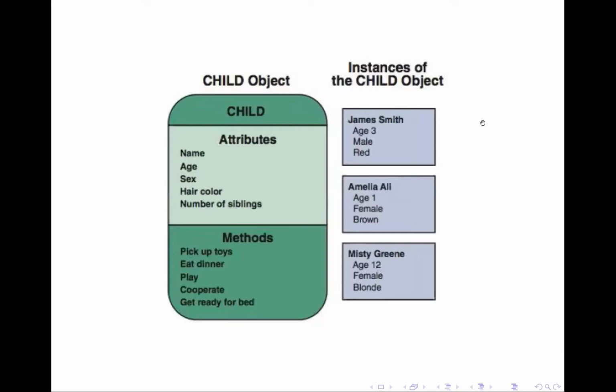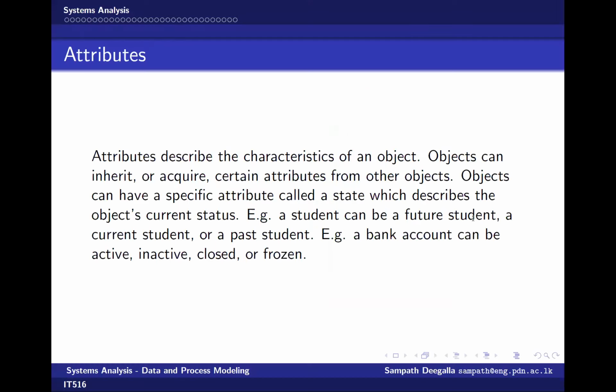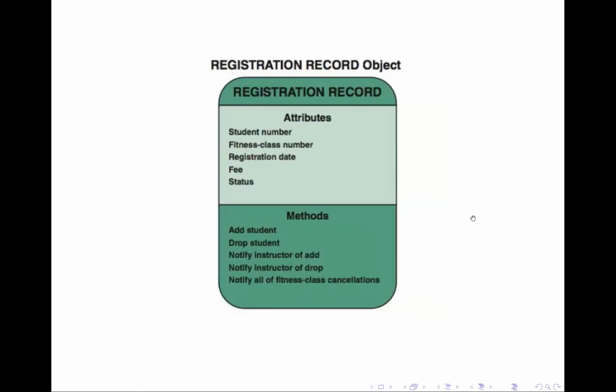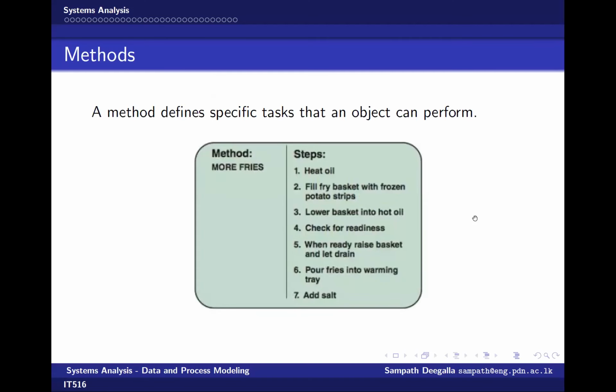So we will have the same, plus you can have additional attributes as well as methods for the child. Now, we were discussing the details of the objects, and various objects have a different set of attributes and different set of methods and so on.